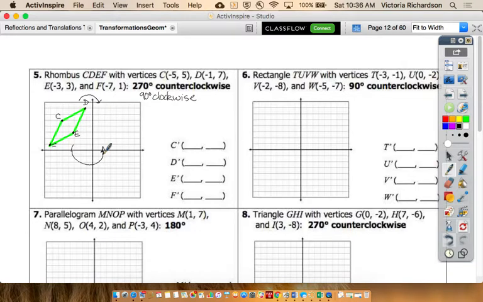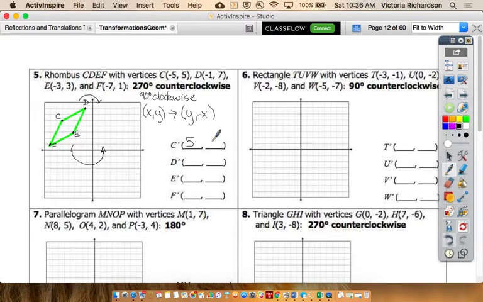So when I do that, my X and Y switch places, and my last number changes signs. So first of all, I'm going to change 5, and then this number is -5.